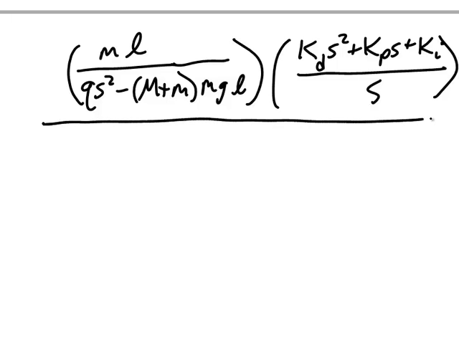In the denominator, we'll have 1 plus the plant times the controller times the sensor. And for now, we're assuming that the sensor still directly converts the actual angle into the reported angle. So the transfer function of the sensor is just 1.